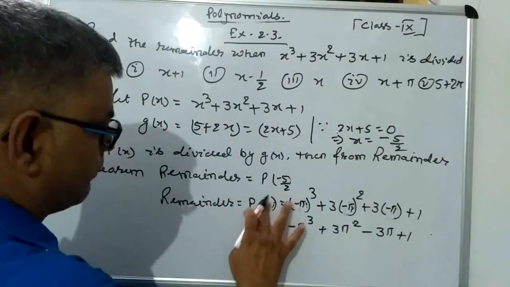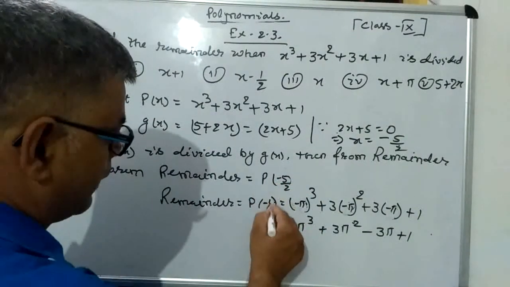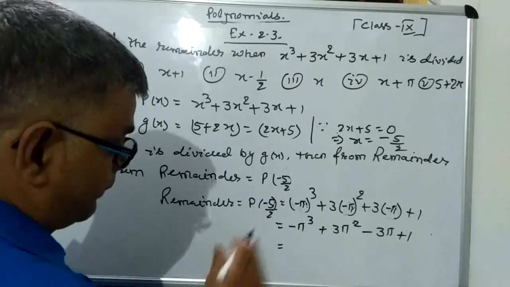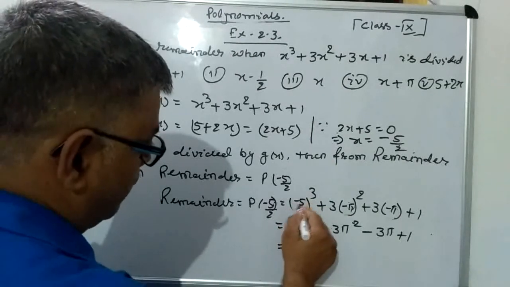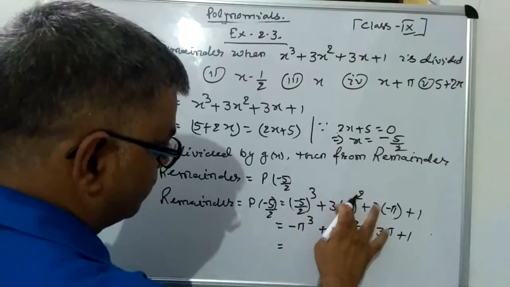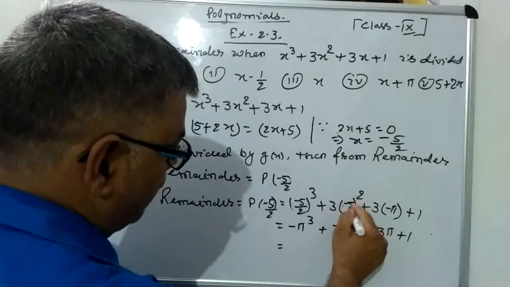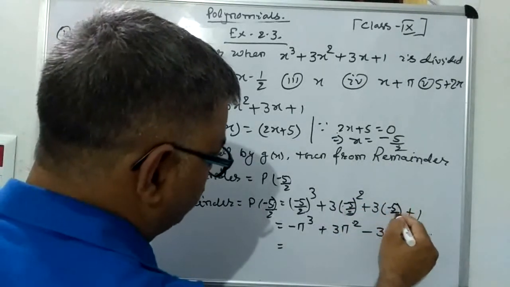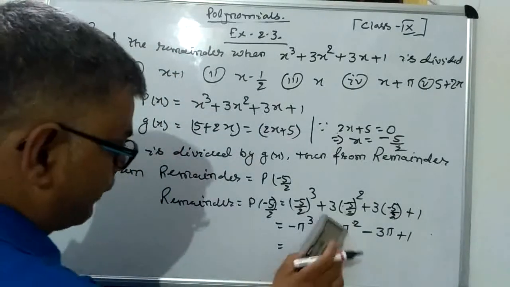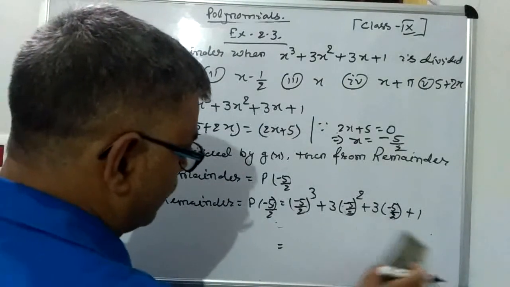So now you put the value of minus 5/2 for x. So it will be minus 5/2 here, here it will be also minus 5/2, and here also it will be minus 5/2. So on simplifying it, what do we have?